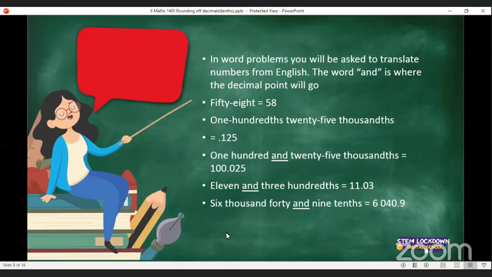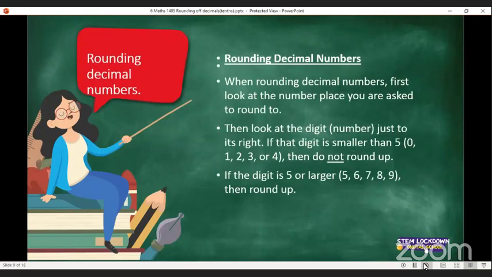Okay, so let us move on to our next slide. Right here, we'll be dealing with rounding decimal numbers. All right, when rounding decimal numbers, we first look at the number place you are asked to round to. Then look at the digit just to its right.